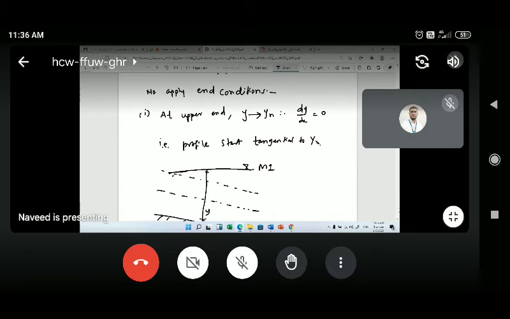Here, this is the YN, it is tangential to that, and the line will be horizontal because it approaches the obstacle. Okay, so this one is the M1 profile.